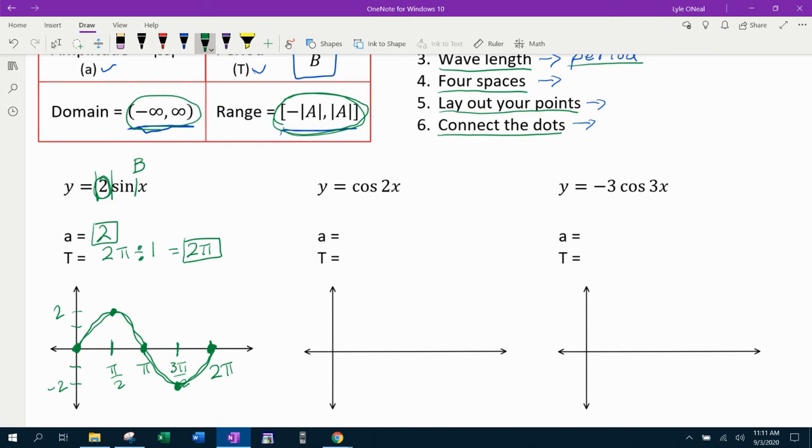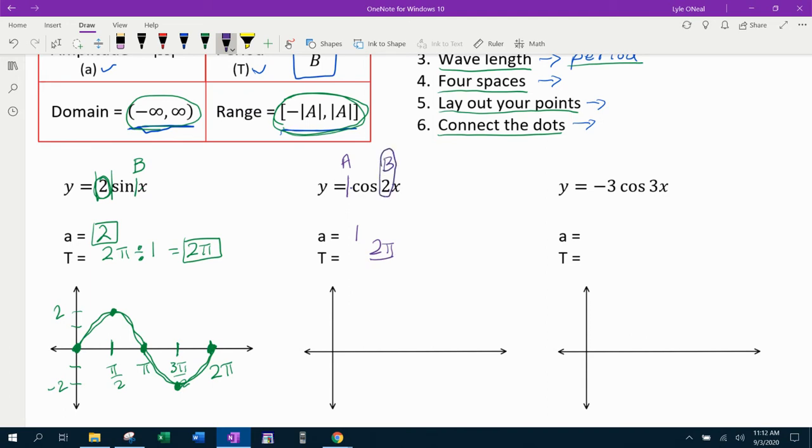Now then, let's switch to a different color and do the next example, which is y equals cosine of 2x. And here we can see that the lead coefficient, which is a, is 1. And the absolute value of 1 is 1. So our amplitude for this graph is going to be 1. And the period is going to be 2 pi divided by b.